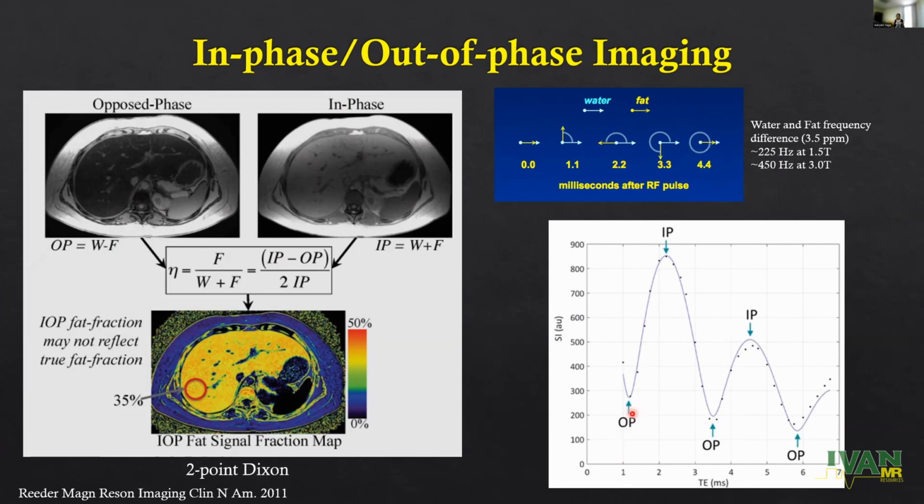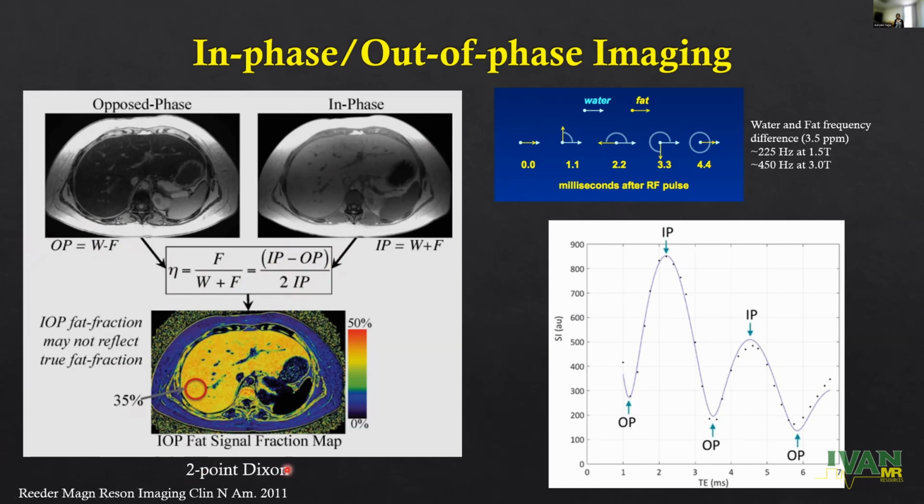Because of this, it creates oscillations in your signal decay. If you acquire a GRE signal, you see these oscillations. The high is when the fat and water come in phase, and the low is when they become out of phase like this. We can use this to quantify the fat fraction.